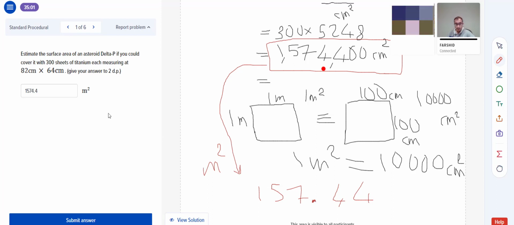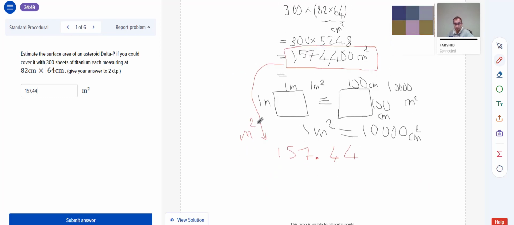You need to add the 4 but it should be in here, because when you divide 1,574,400 by 10,000, what does it mean?